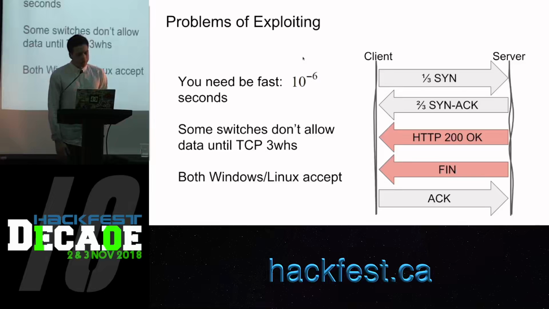Another problem is that some network devices do not allow you to transmit TCP data until the handshake is completed, so they just do not pass it. I don't know what to do about that, but some don't. But the good news is that both Windows and Linux clients accept this data.